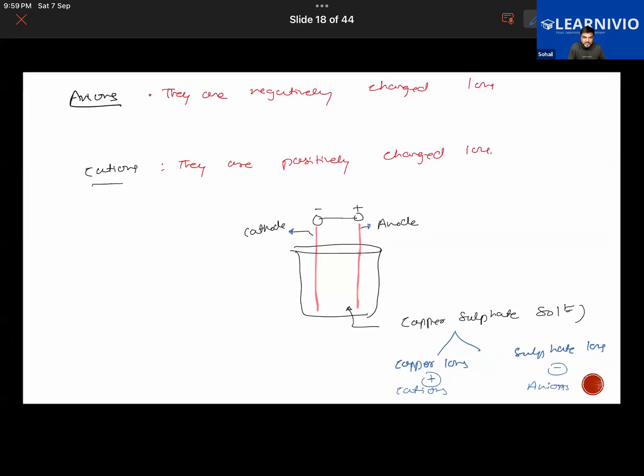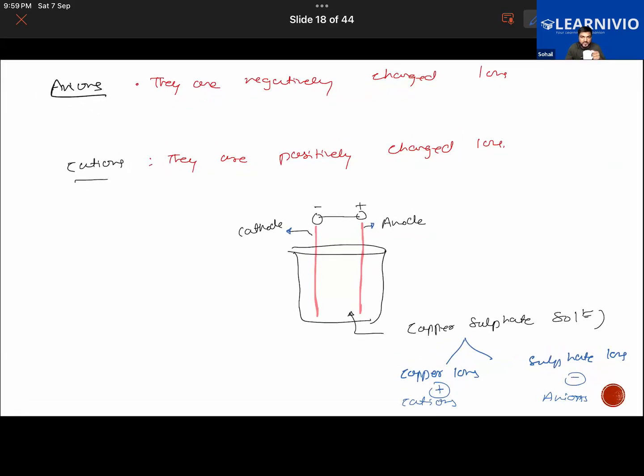Towards the anode. Very good. Because we know unlike charges attract, the anions like sulfate will get attracted towards the anode.